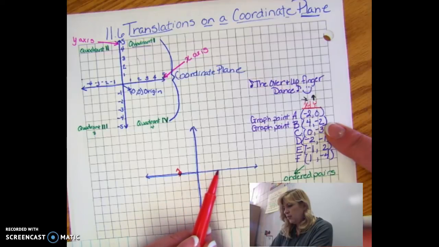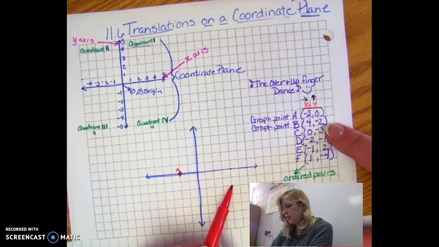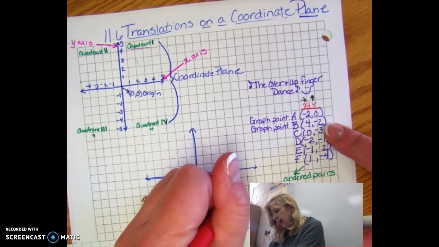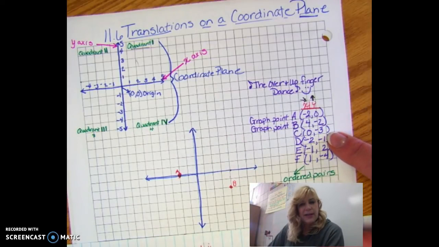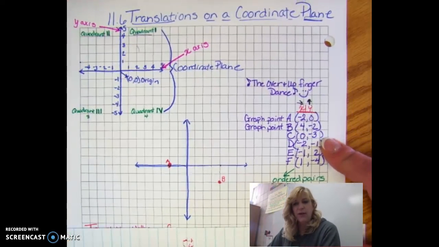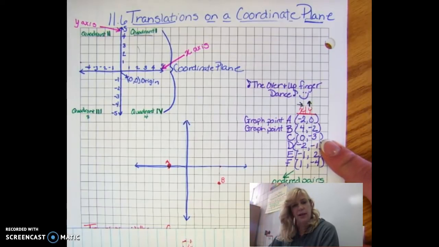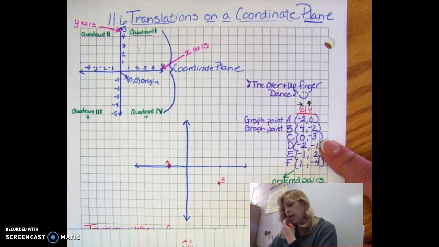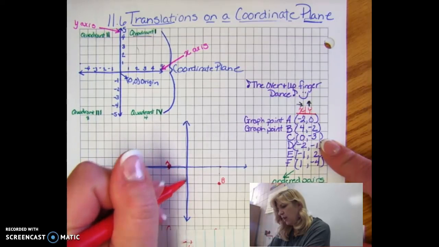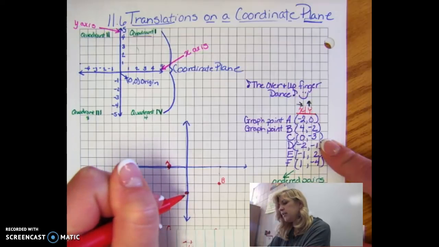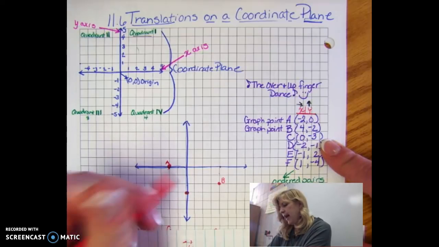That's 1, 2, 3, 4, and then we go -2 down, 1, 2. So that would be B. If you want to pause me and see if you get them in the right spot, that's fine. Or if you think you need to watch me do it, you can keep the video running. So 0 over and -3 would be no over, but that would go down 1, 2, 3. This is falling on the y-axis.